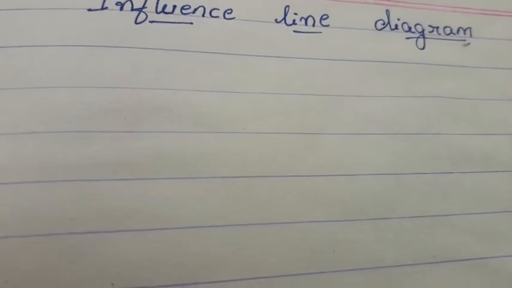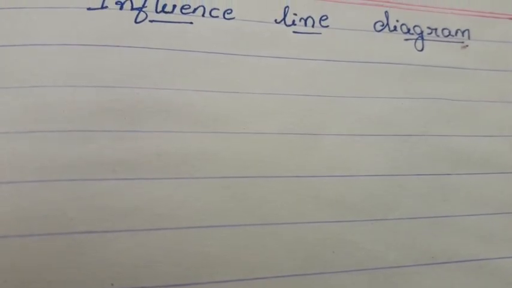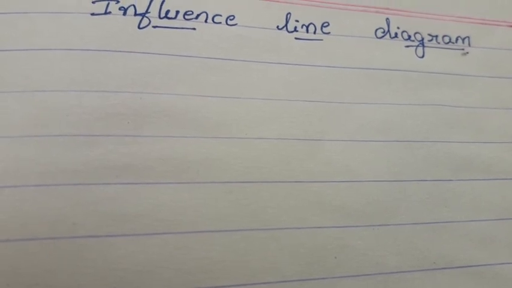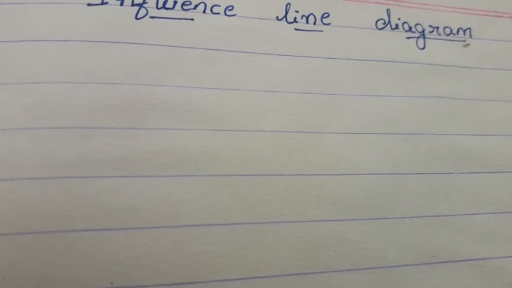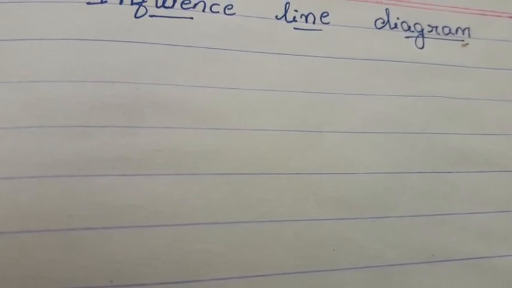In this module we actually have 5 types of cases. One is a single point load, a single concentrated load. The second is UDL, which is acting lesser than the span or more than the span.